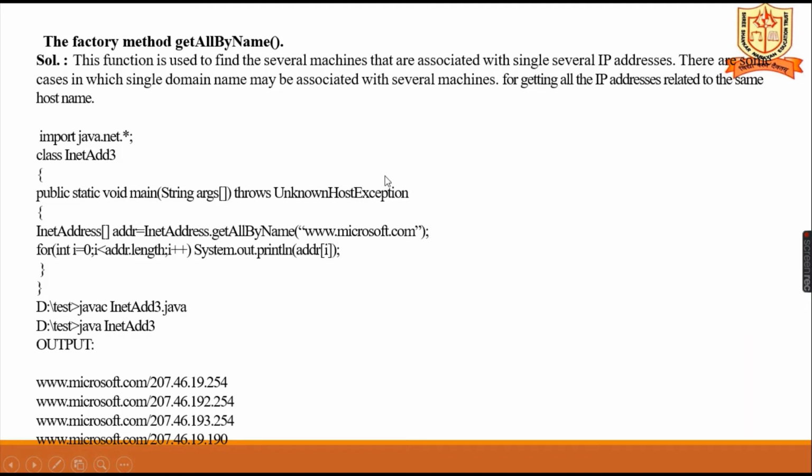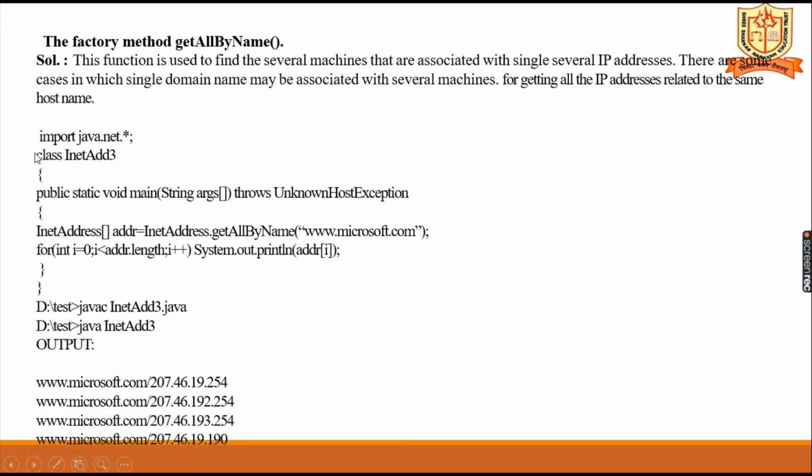Suppose for a single IP address there are n machines connected. In that case you use the getAllByName method. There are cases in which a single domain name may be associated with several machines, for getting all the IP addresses related to the host name.